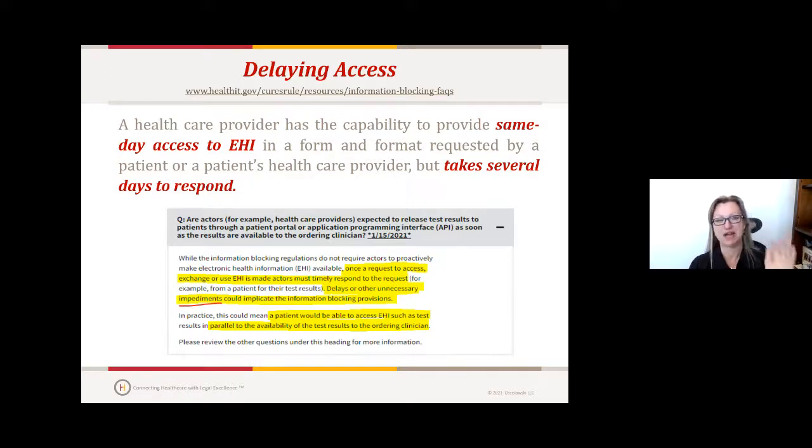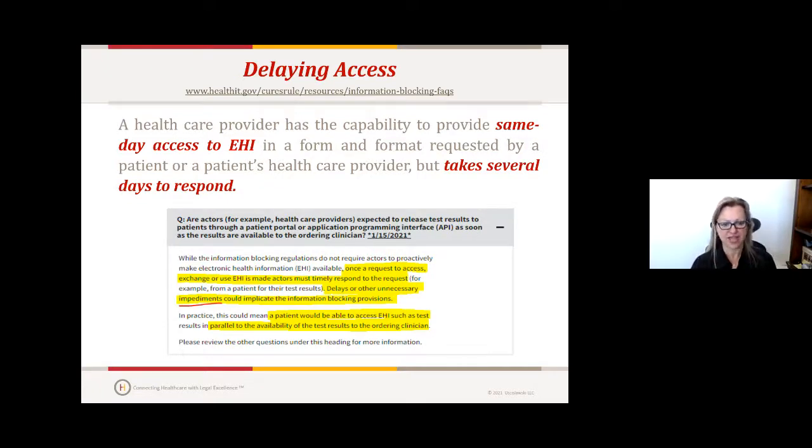Now, because of meaningful use and MACRA and some of the other federal programs, many organizations have been pushing certain data to meet their meaningful use and other programmatic requirements into the patient portal. And so if you are holding out, hey, don't come to medical records anymore, all your labs and everything, we're making that information available in your patient portal, and then the patient sets up an account, there's an expectation that my going to the patient portal is arguably akin to a request, because you've told the patients that that's where and how they can get their data.